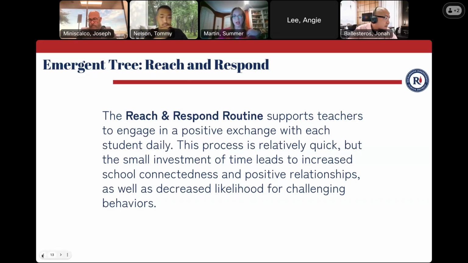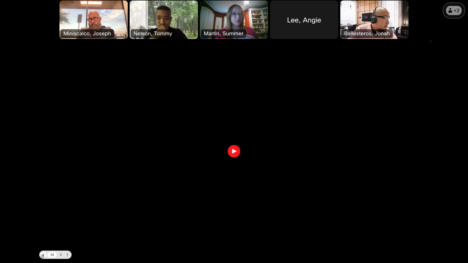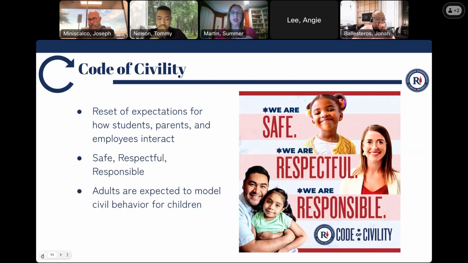They look to us as their parents to figure out how to behave. And so that is one of the other reasons why we want our parents to follow along with safe, respectful, and responsible. So you will see these posters around RISD, and you'll even see it and hear about it from your students' teachers, with some of the ways that we are implementing safe, respectful, and responsible. And Jonah, if you could go ahead and go to the next slide.